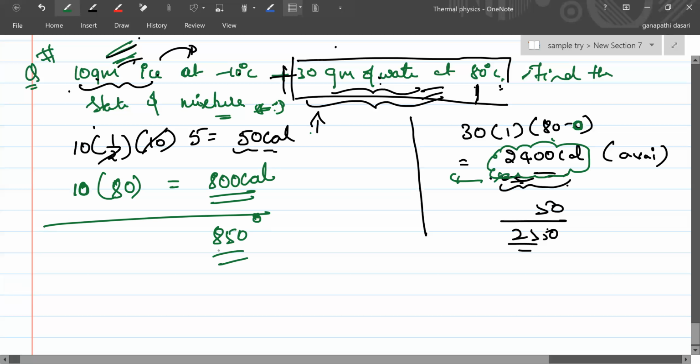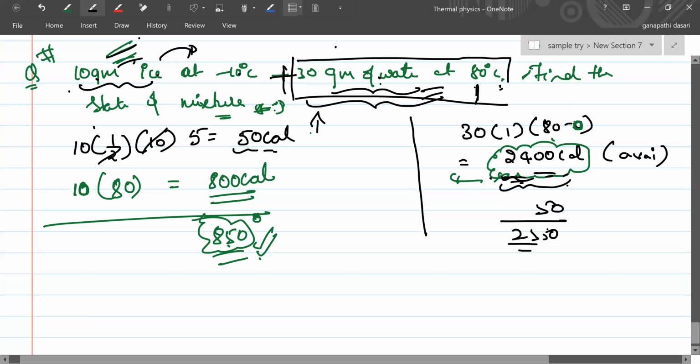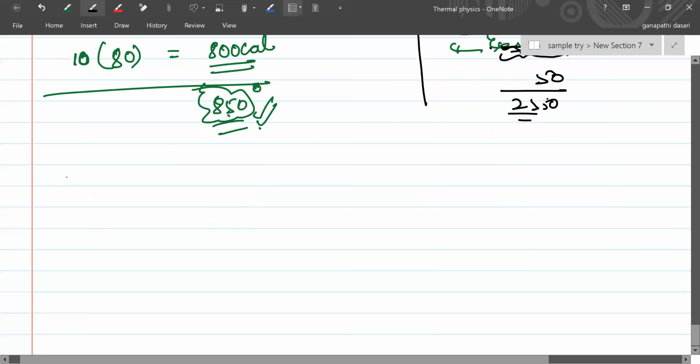But what is required here for bringing ice to water at 0 degrees Celsius? 850. This is more than this, right? Yes, sir. That means it will not come to 0 degrees. Did you get this point? Yes, sir. Now 850 calories has come to one state.